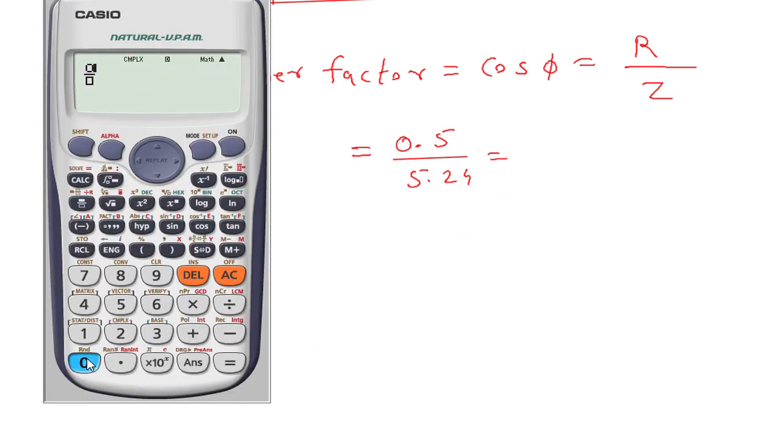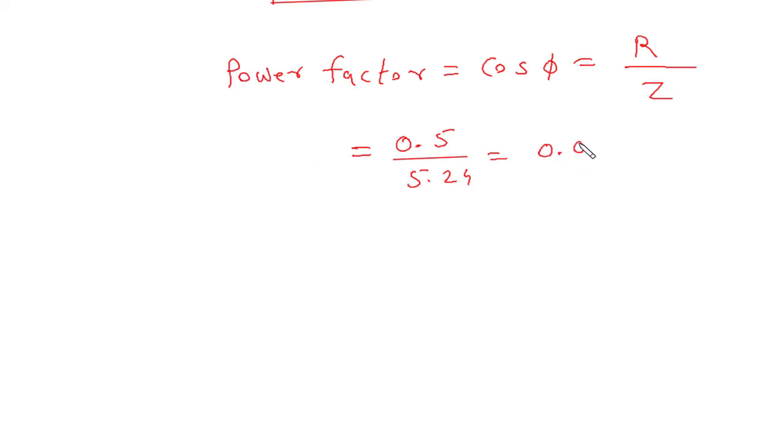So 0.5 divided by 5.24 is 0.095. 0.095 is the value of power factor. So power factor is equal to 0.095.